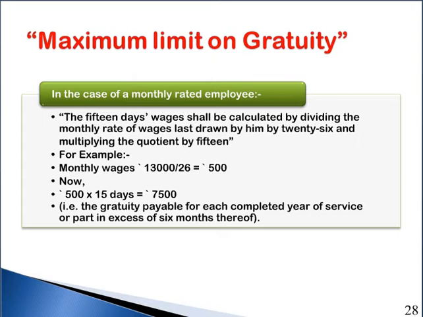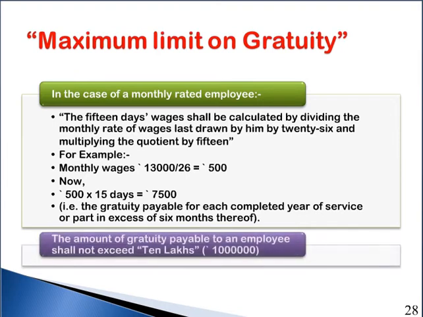So the resultant value, that is the average wage multiplied by 7 days for each season, shall be the gratuity payable for each completed year of service or part in excess of 6 months thereof. The Act specifies that the maximum amount of gratuity payable to an employee shall not exceed rupees 10 lakh.